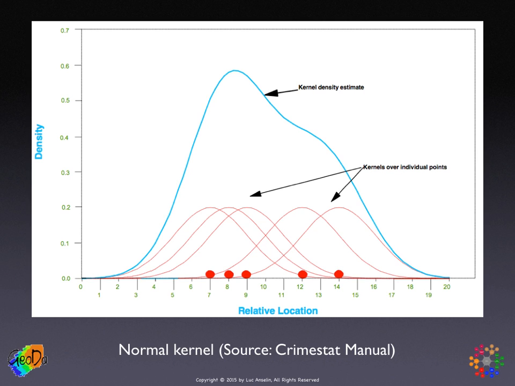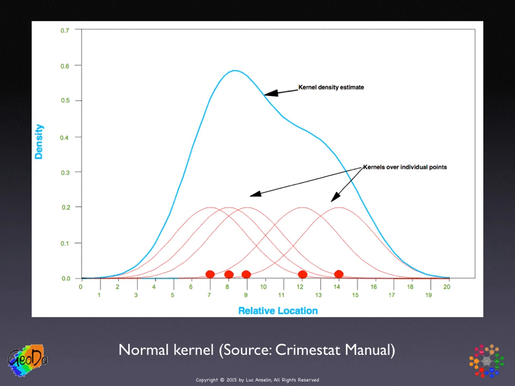And over each of these points, we have a bell-shaped curve. We'll see later, this is a Gaussian or a normal kernel. So we center each of these nice little bell-shaped curves over the point, and then add up the values for whatever curve is above that point, and that results in the blue line, and the blue line would be the kernel density estimate.